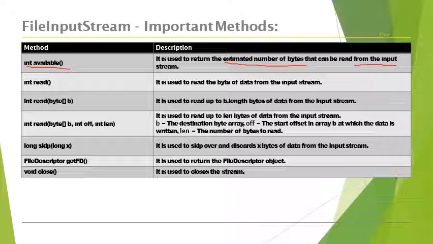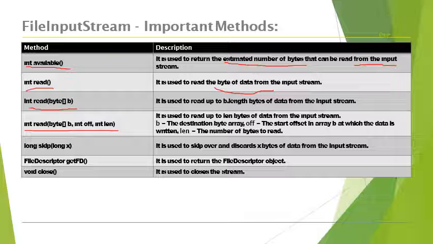And next one is int read(). This is the same as in the InputStream classes, that is, there are three types of int read(), as the number of arguments is different. Similar to the case of InputStream, int read() is used to read byte data.